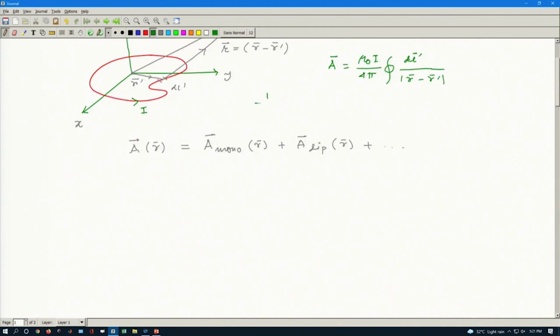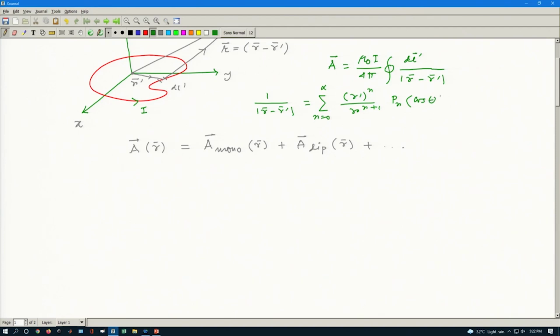So, 1 divided by mod of r minus r prime, that term we expanded, and that is the sum from n equal to 0 to infinity of r prime to the power n divided by r to the power n plus 1, and then we had the Legendre polynomials.